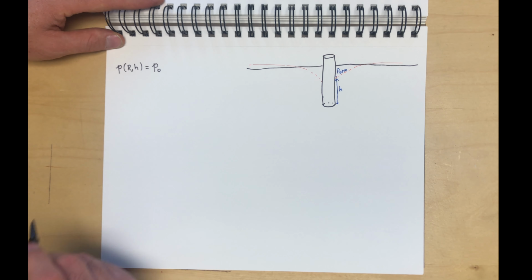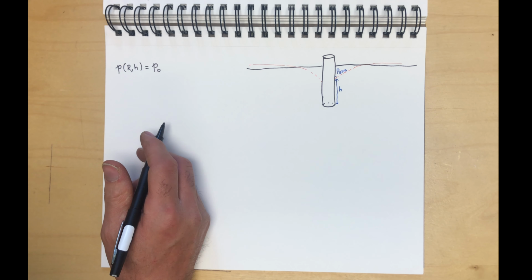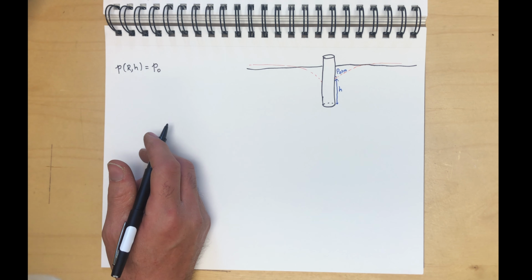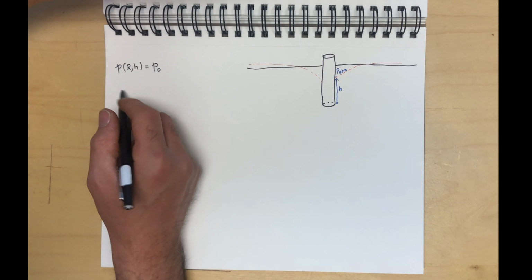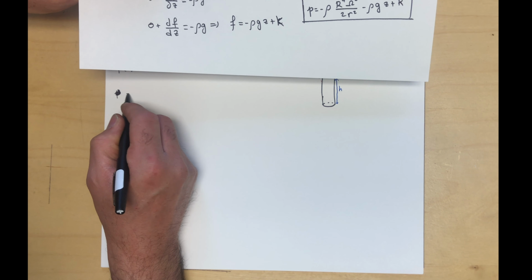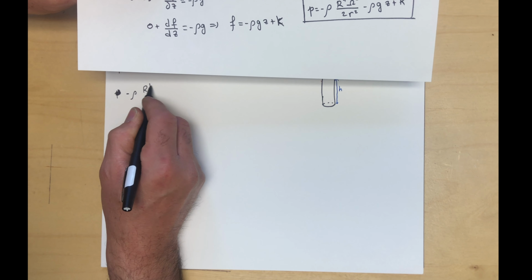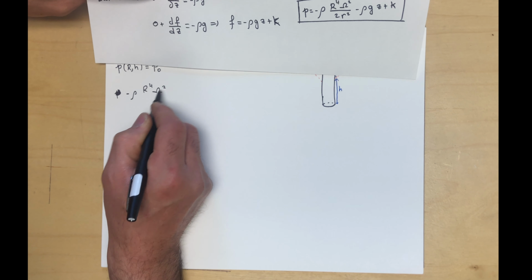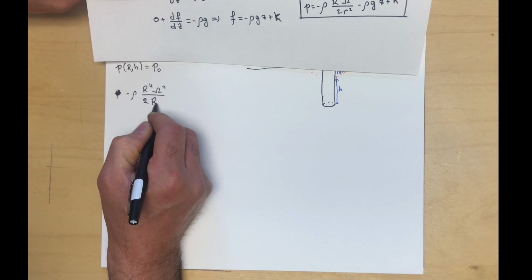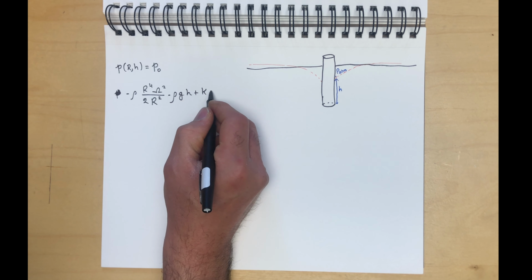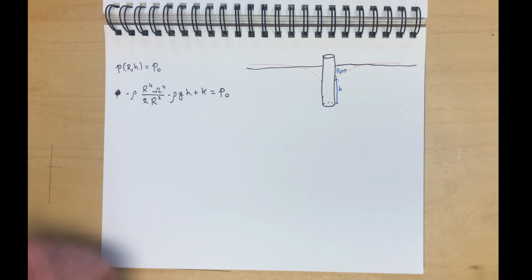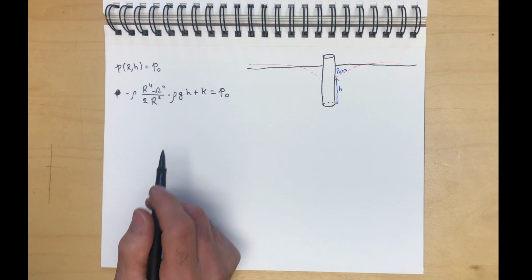That's the atmospheric pressure. Then we take our formula from before, P at R, h: minus rho R to the fourth omega squared over 2 capital R squared, minus rho gh, plus K equal to P0, correct?